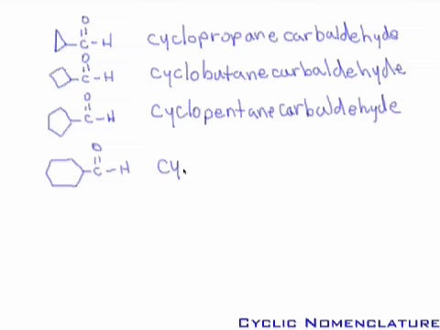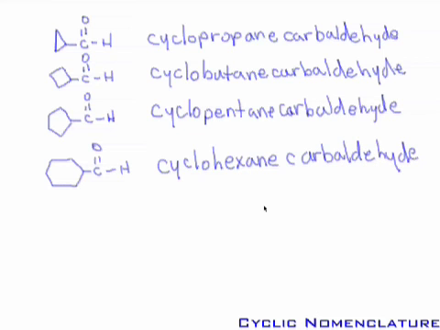And this one's cyclohexane carbaldehyde. If we kept going, we'd have cycloheptane, cyclooctane, all carbaldehyde. It is only used when you only have a C double bond OH directly attached. If the chain was longer, then it would be named by ethanal with a substituent of cyclohexyl or something to that effect. So the term carbaldehyde means a C double bond OH directly attached to the ring.